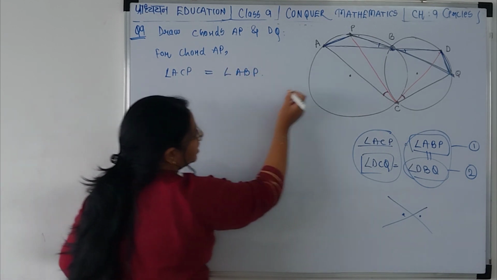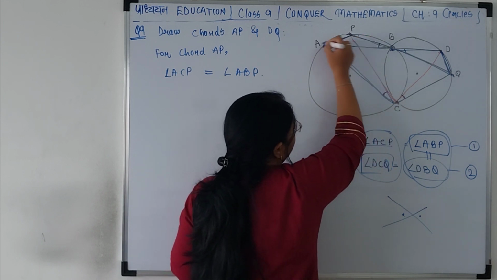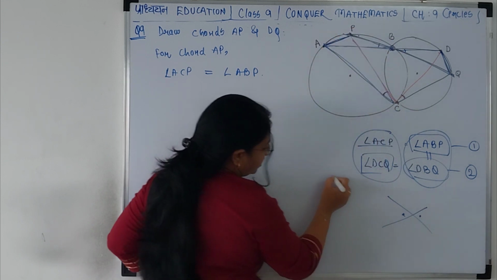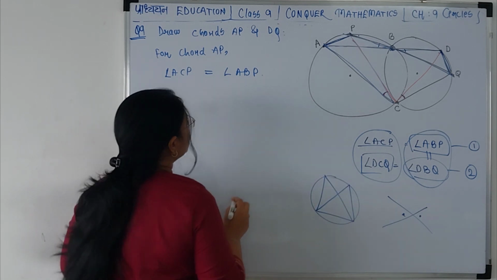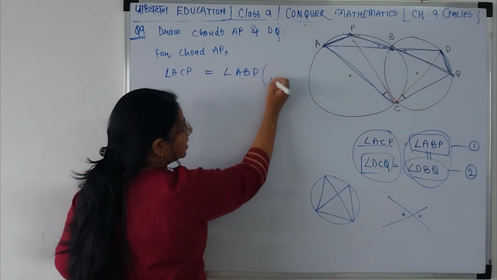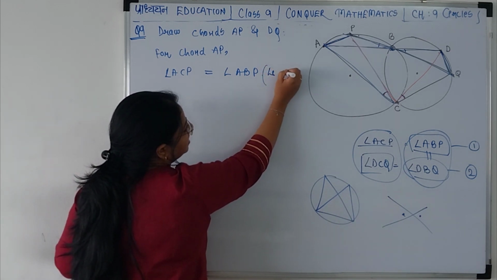Can you see in the figure? ACP equal to ABP. If this is AP, then one point is ACP, another point is ABP.